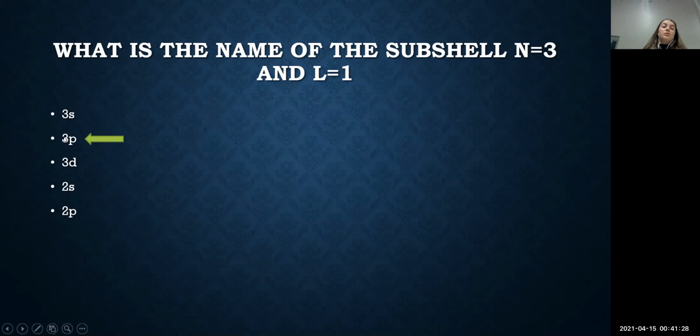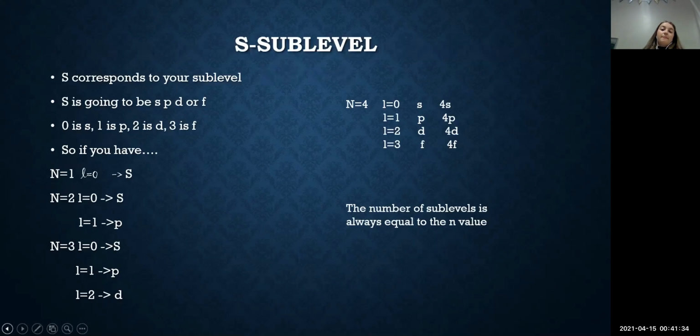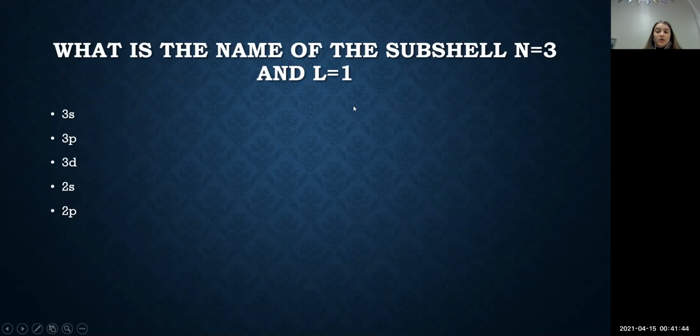And so that's just easy. We're going to carry that 3 over. And then L, if we remember, when L equals 1, that's going to be our P. So that's just something, just S, P, D, and F, if you remember. So L equals 1, that's P. If it was L equals 0, then that would be S.